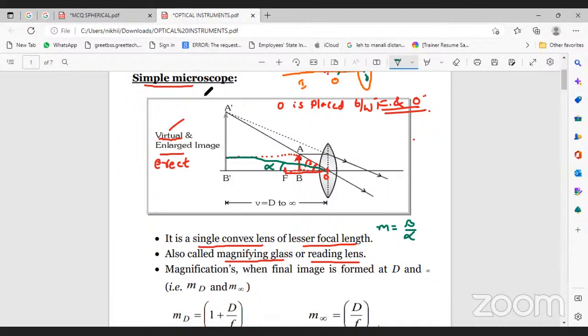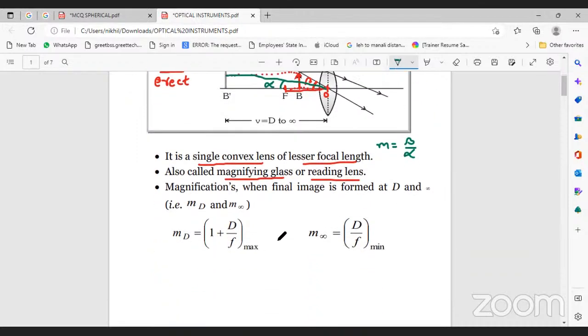And substituting that trigonometry over here, finally I am going to get the formula. Please remember this. What is the magnifying power when the object is placed at the least distance? The magnifying power is given by the formula 1 plus D by F. What is this D?